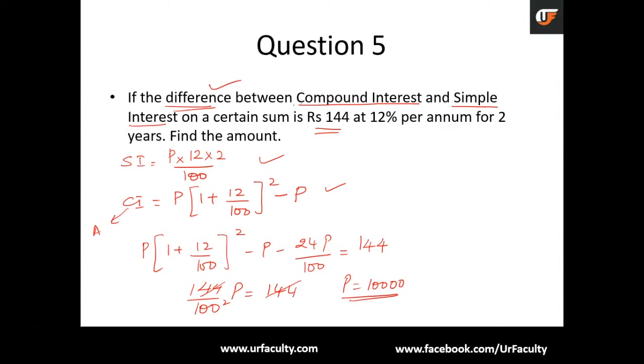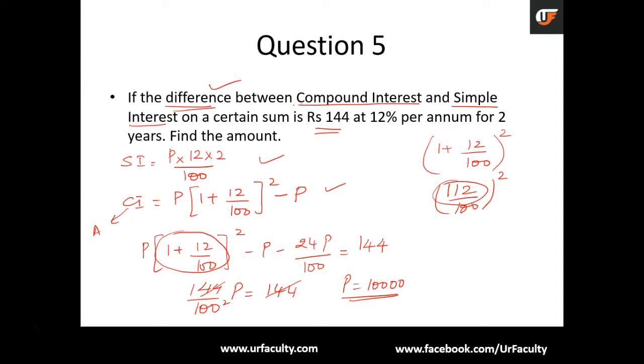Now I'm going to teach one interesting concept here which will be very useful for you in problems like this. So let's take this (1 plus 12 by 100) square. What do you see here? When you do a cross multiplication, you will get 112 by 100 power 2. 112 square.